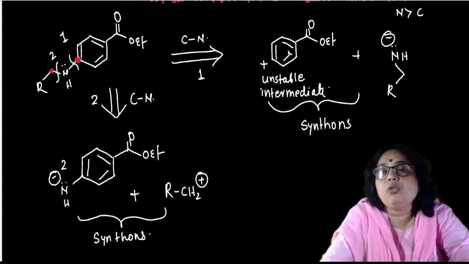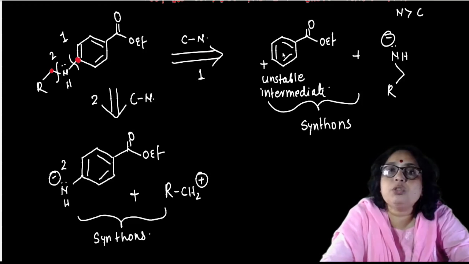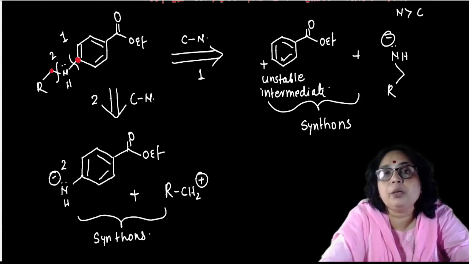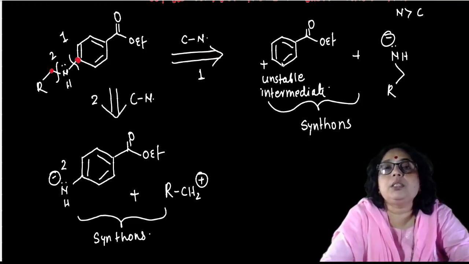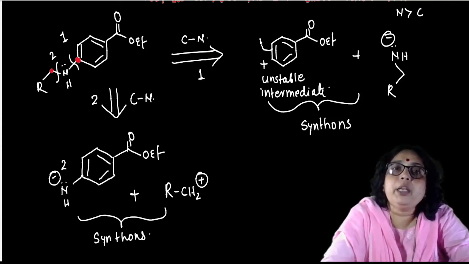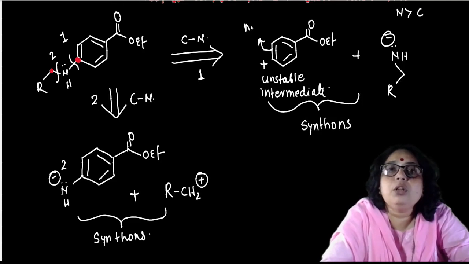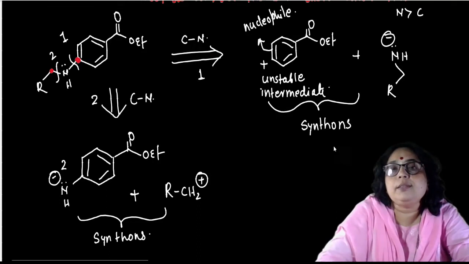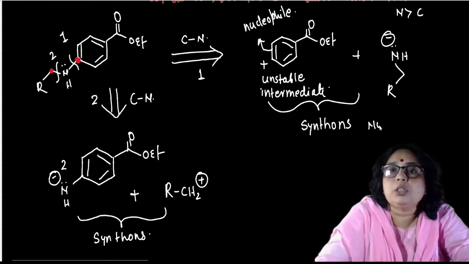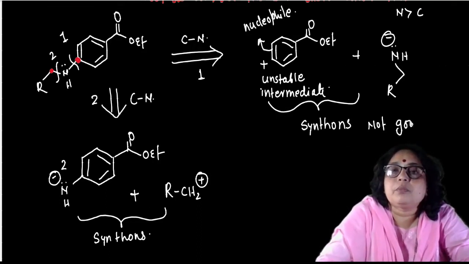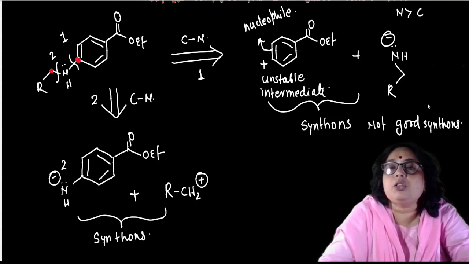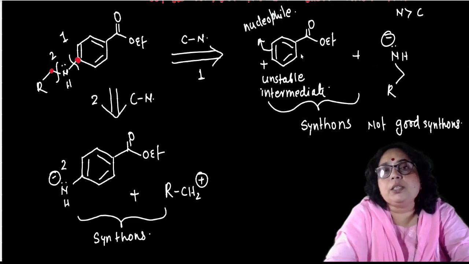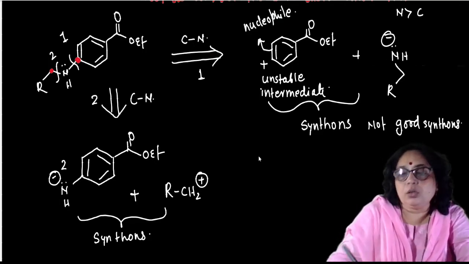But here we are not going to carry out a diazotization, so there is no question of developing a positive charge, because the aromatic ring itself acts as a nucleophile always. All right. So these synthons are not good synthons. Whenever there is a positive charge on the aromatic ring, please consider such synthons are not good synthons.